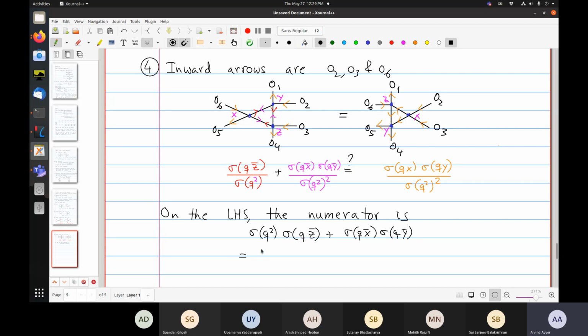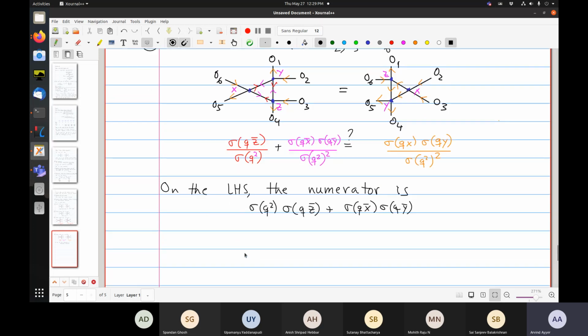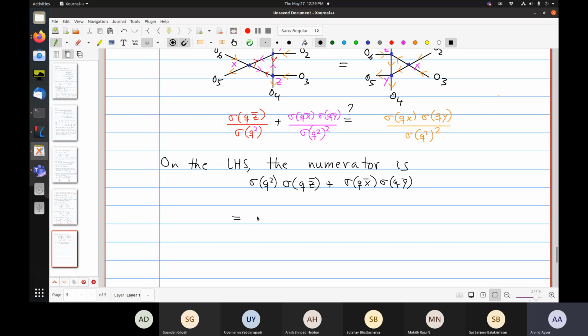So I get q to the 4 minus 1 times q squared minus z squared, plus q squared minus x squared times q squared minus y squared, divided by, both have q's. I went too fast. Okay, so let's do it there.